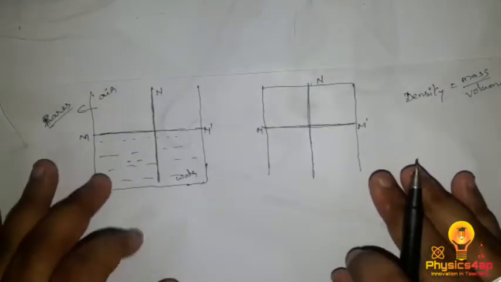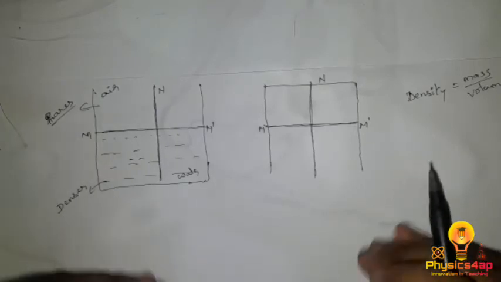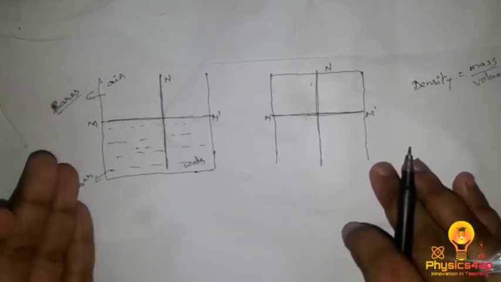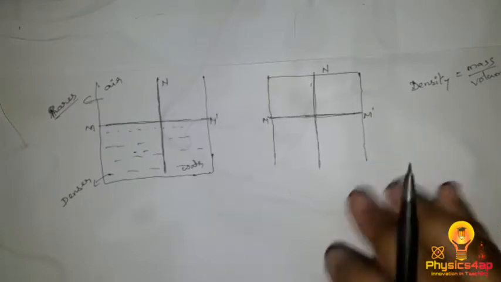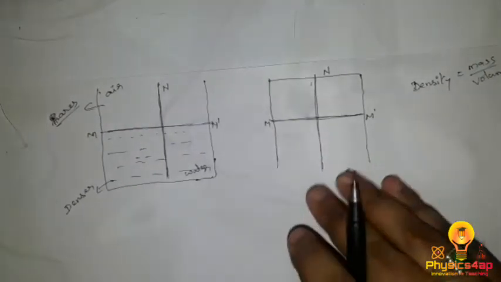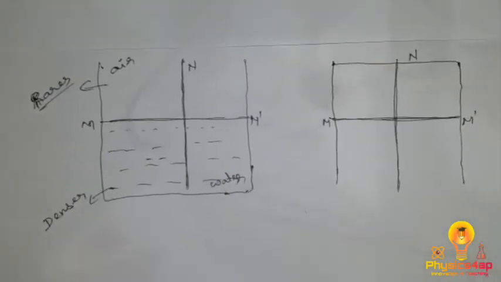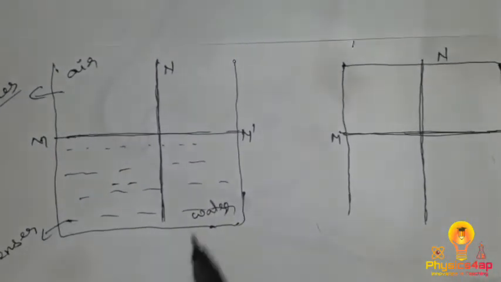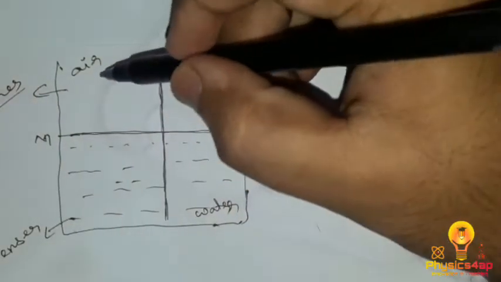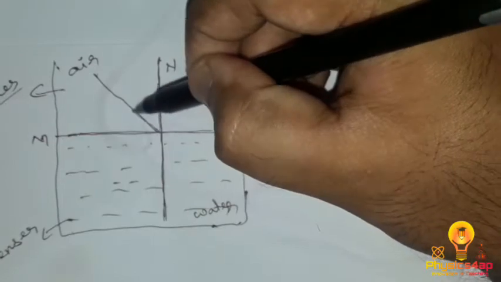Now let's see what happens when a light travels from one medium to another medium. We have two mediums, the rarer medium and the denser medium, that is air and water. Suppose we have a light ray which is passing on the surface.